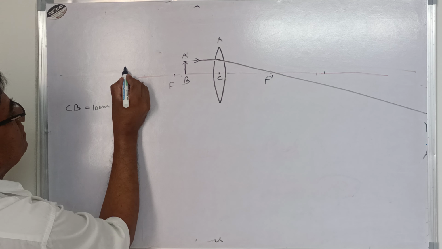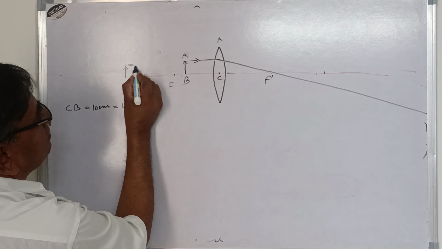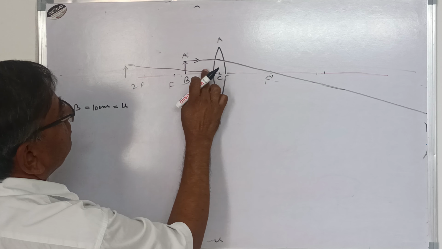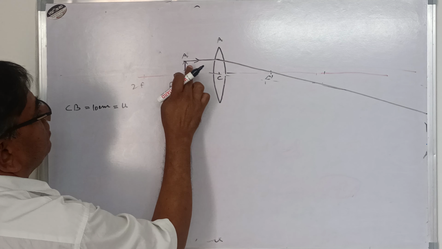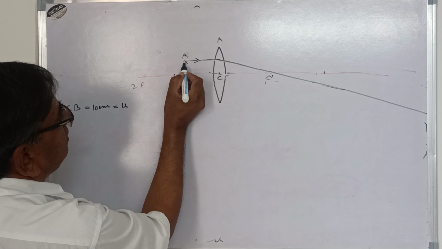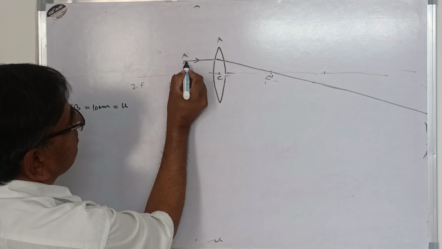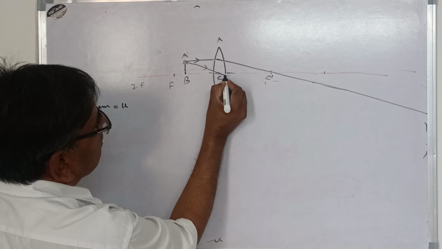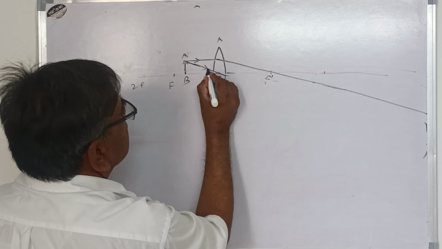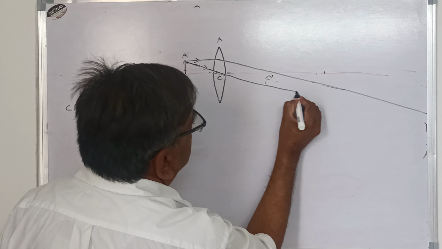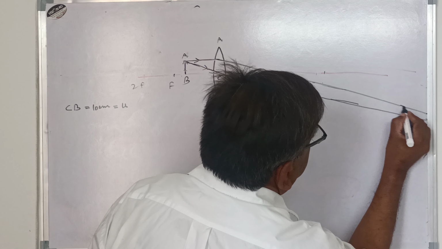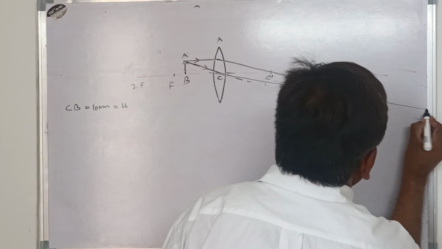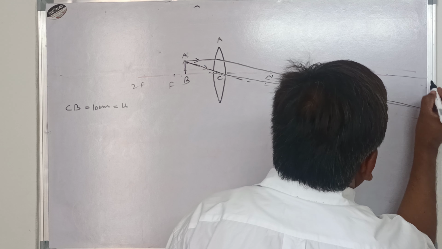If you place it here, what will happen? This will cut somewhere here, very near. So what will you do? You think of the ray starting from A should fall here. So this will fall at C and go undeviated, and go and go, and it will cut somewhere very far.